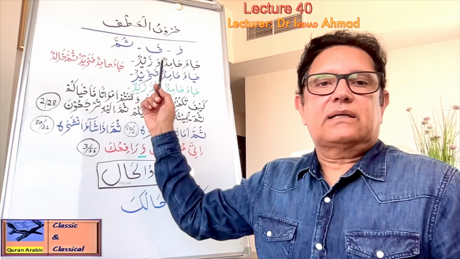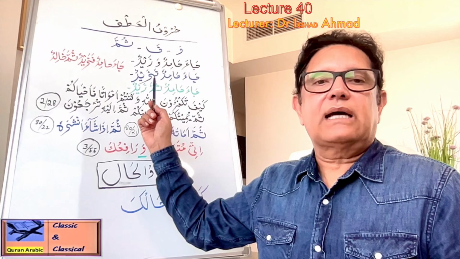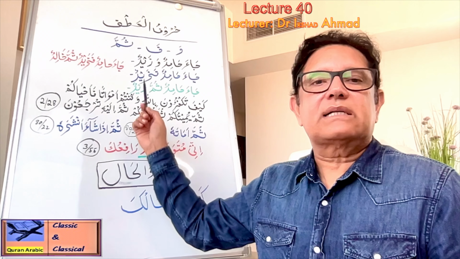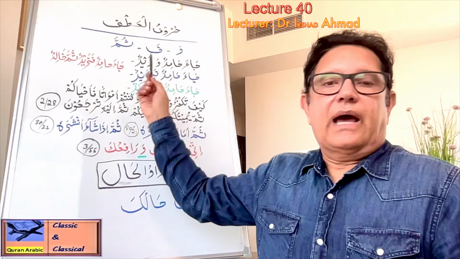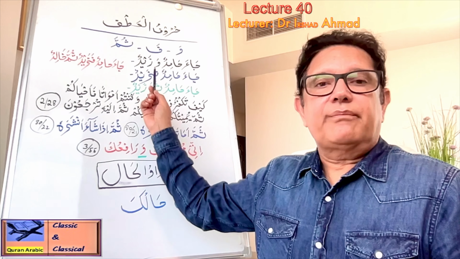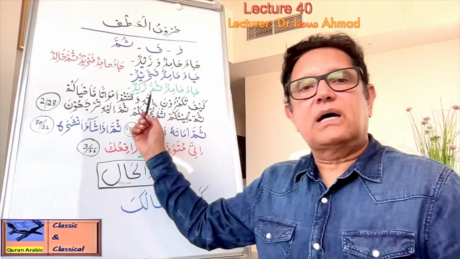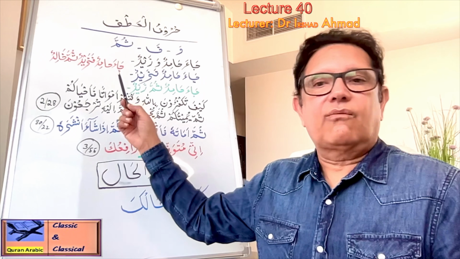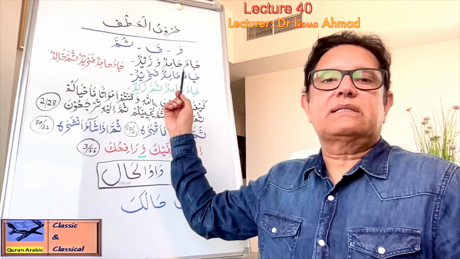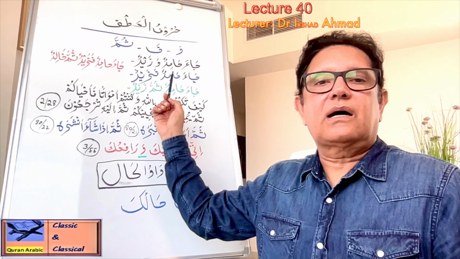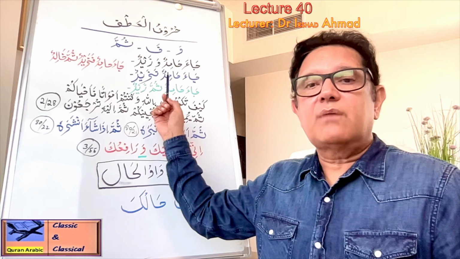And not only that, waw does not exactly tell us what was the time interval between the arrival of these two persons. As I said, they may have come at the same time. They may have come 1 hour apart, 2 hours apart, 1 week apart, 1 month apart. So any period of time.